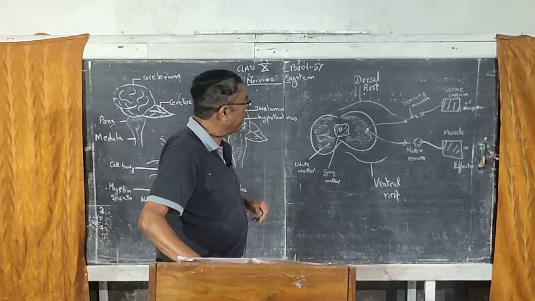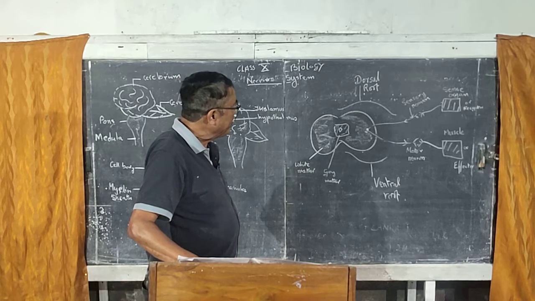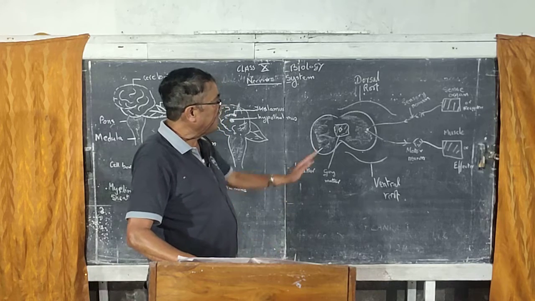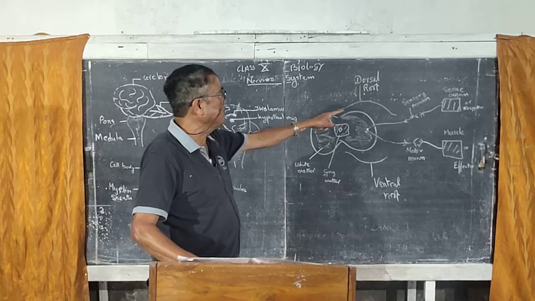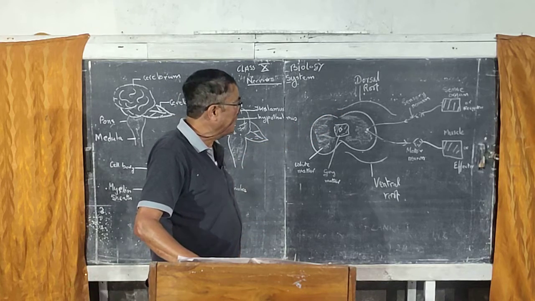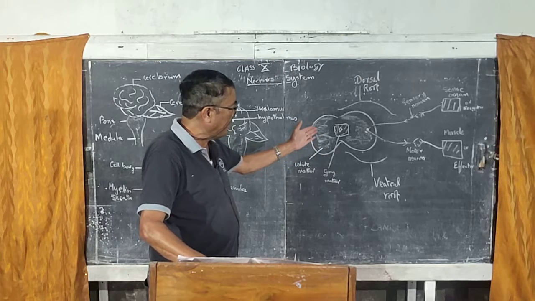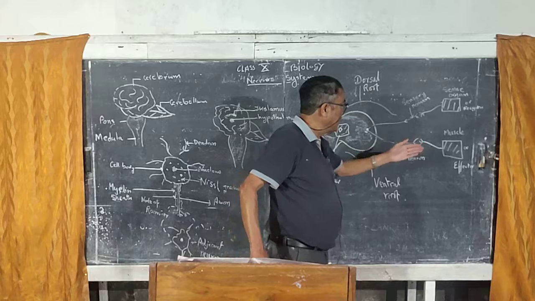Now, there are three types of neurons: motor neurons, sensory neurons, and association neurons. Sensory neurons carry impulse from the sense organ to the central nervous system. Motor neurons carry impulse from the central nervous system to the muscles.